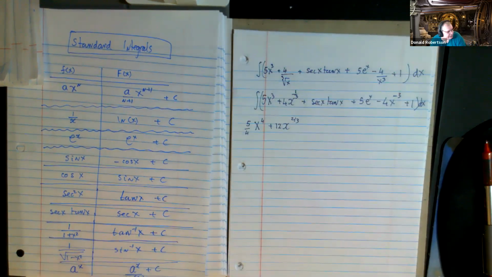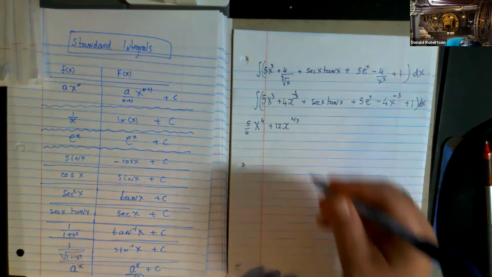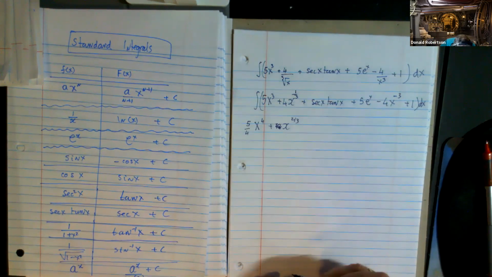Did I do that right? I don't see too many nodes. Did I screw that up? No. Did I? I did. I did. It's 12/2. There.